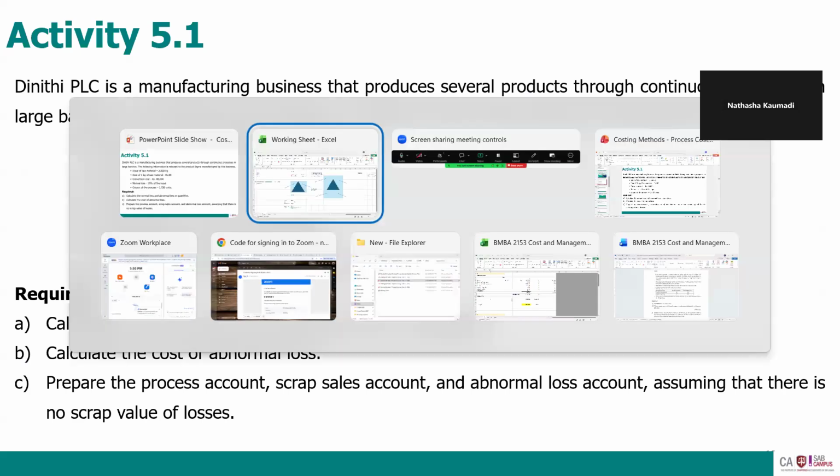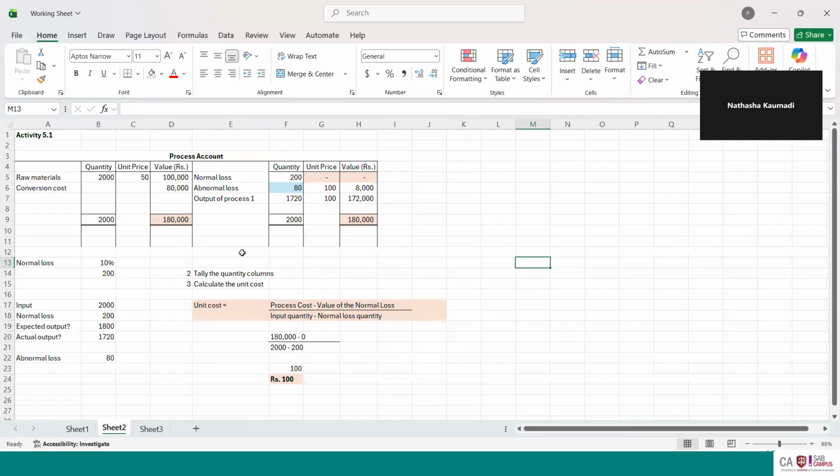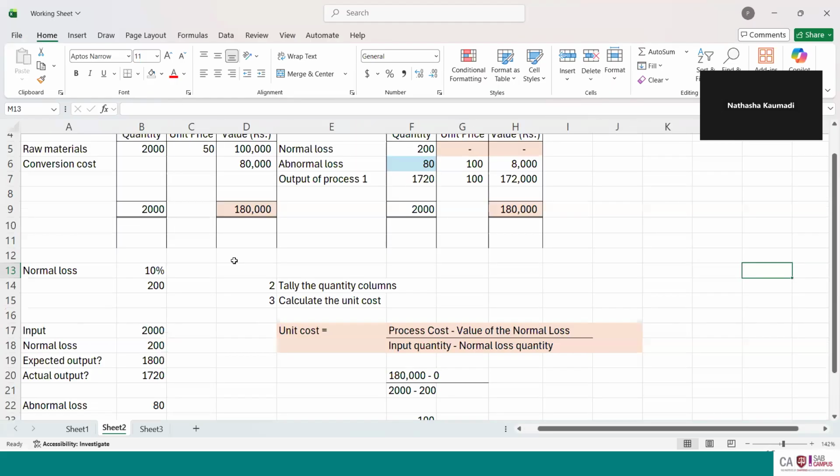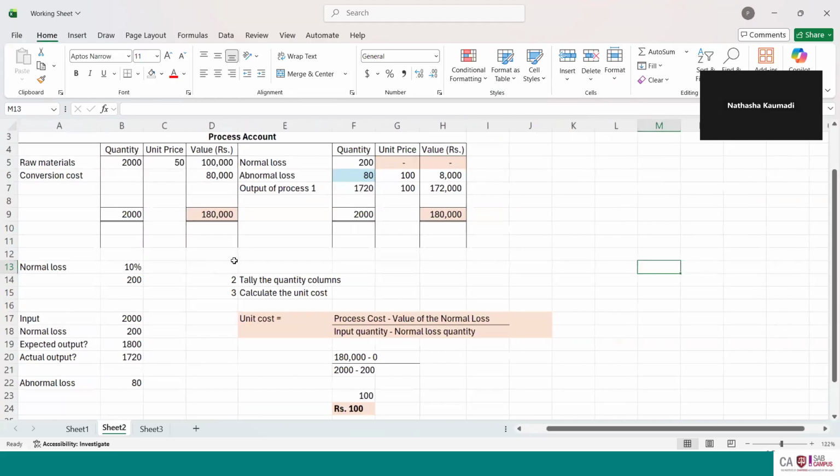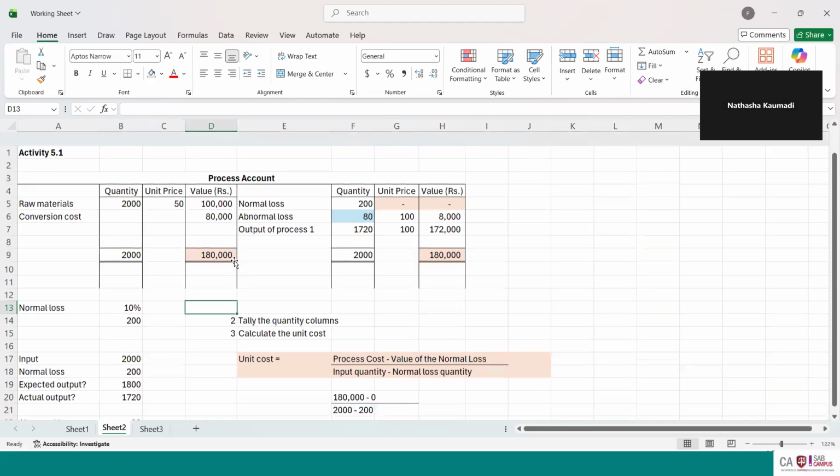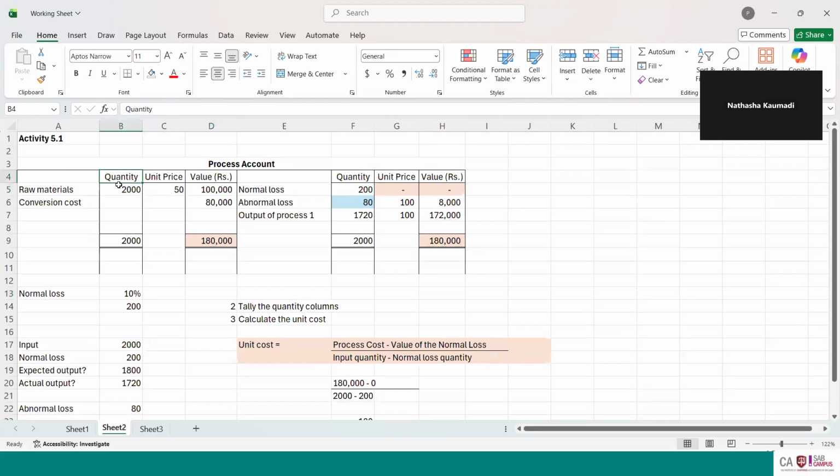So if I just show you the answer we developed like this, I told you when it comes to a process account, it's a unique structure. We have to have three columns like this. We always mention them as quantity, unit price, and value. And we always debit the inputs of the process, raw materials, conversion cost.